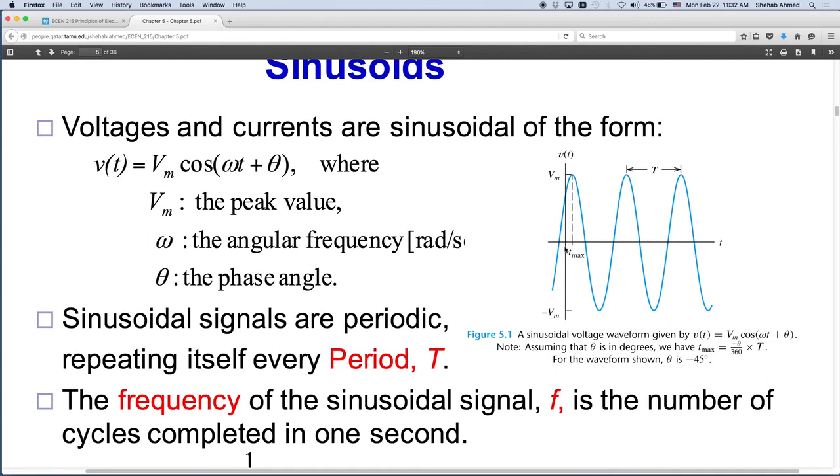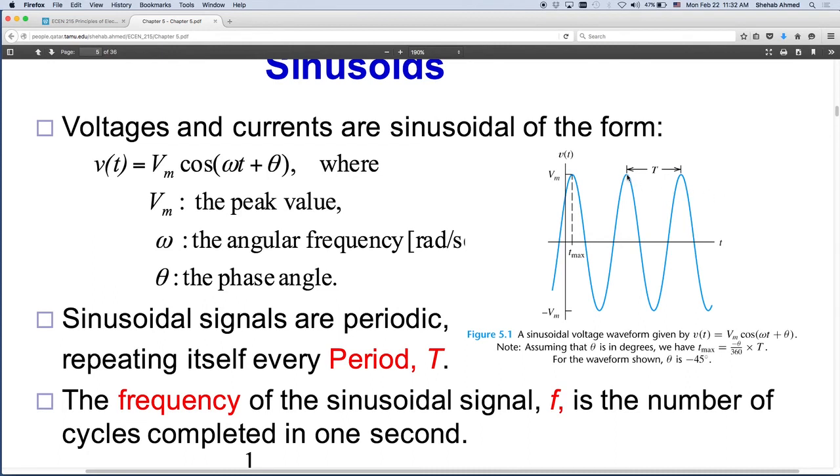So this distance here is theta, or the corresponding time depending on the frequency of the waveform. From this point to this point is 360 degrees. So I'm going from max all the way to max, it's 360 degrees, in a certain period of time that depends on the frequency of the waveform.